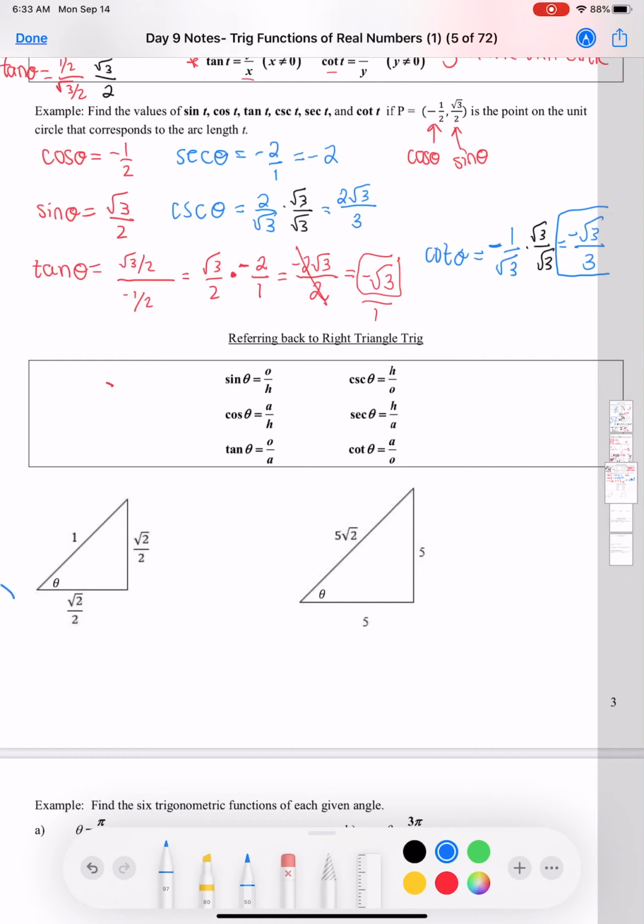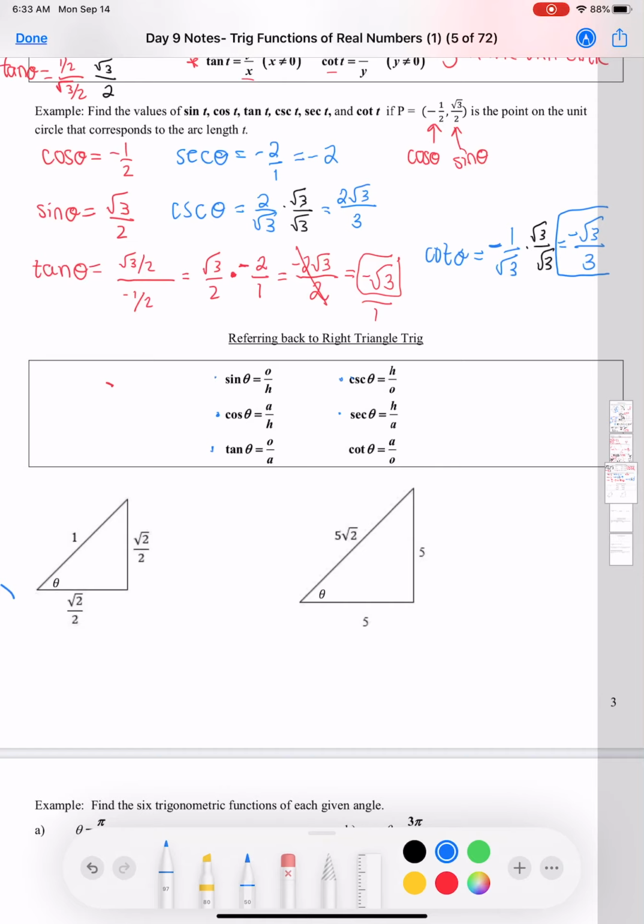We know SOHCAHTOA, so sine is opposite over hypotenuse as we see here. Cosine is the CAH, tan is the TOA, and for the other three trig functions, we would just flip those around. So cosecant would be the hypotenuse over opposite. Secant is hypotenuse over adjacent, etc.